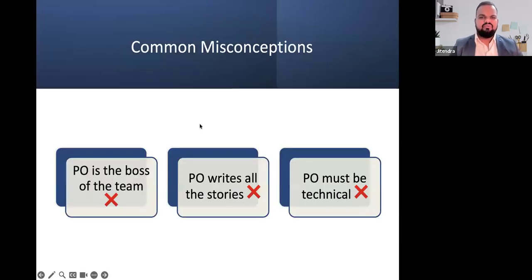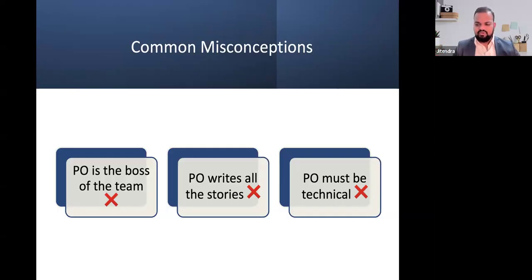Okay. So next, in this context, some misconceptions. Number one is that the PO must be technical. Again, the point over here is that as a product owner, it's not a technical job role. So I'm someone who is not from a development background. Can I be a product owner?